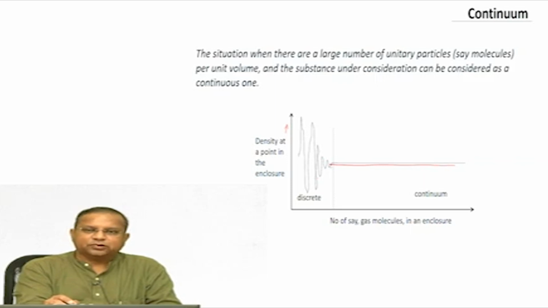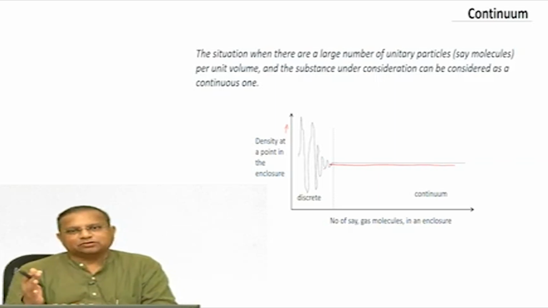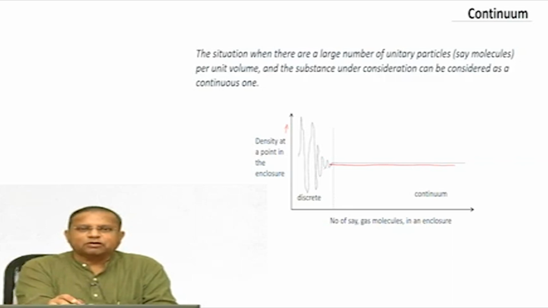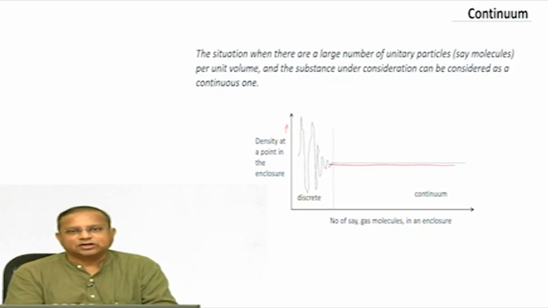When you reach a certain point, the density at that point is going to start to vary, because the mean free path of the gas molecules is not going to be representative of the normal gas conditions. The number of molecules has become so small per unit volume that the mean free path and other aspects are not going to be appropriate to consider it as a continuous gas.